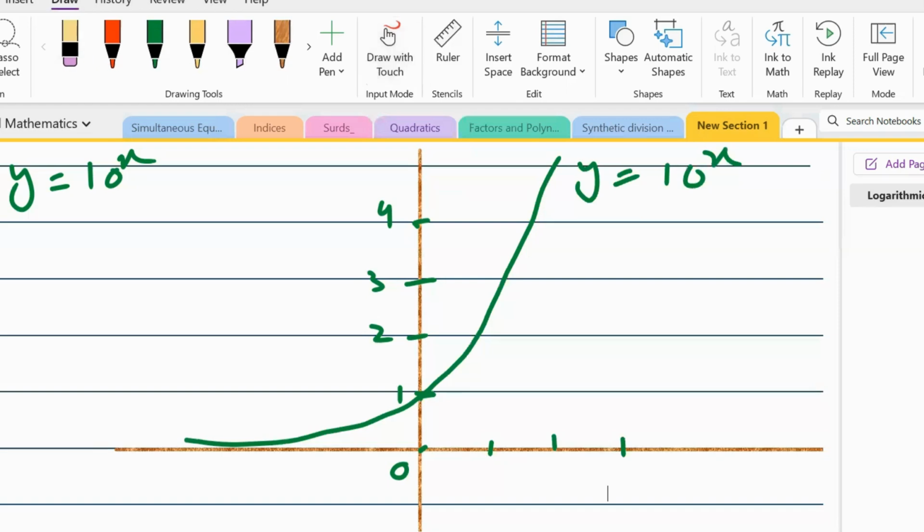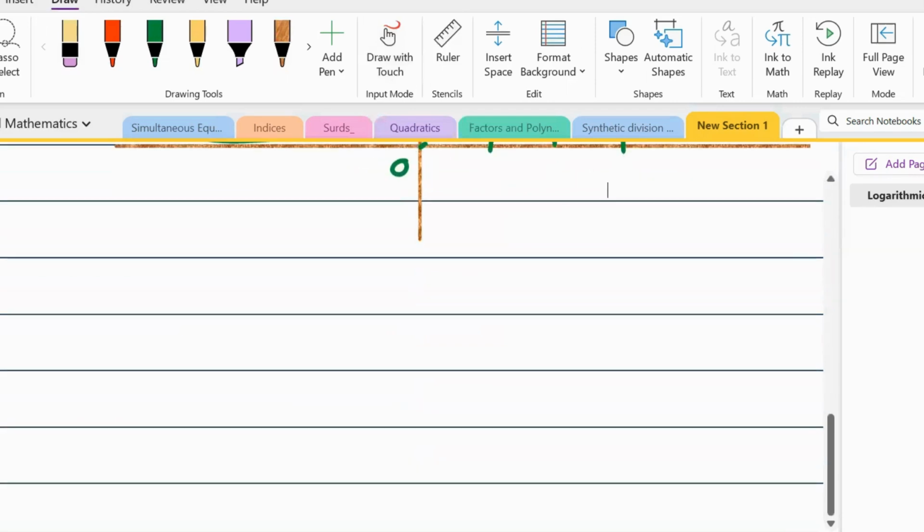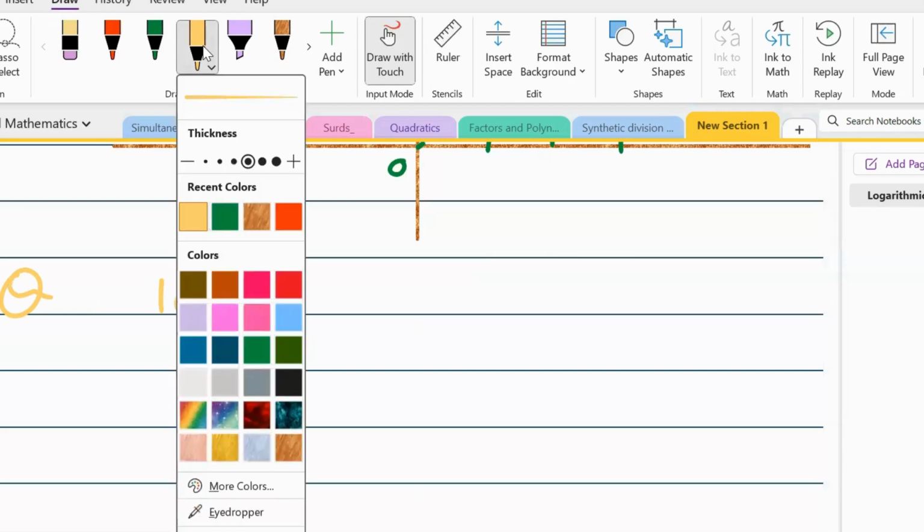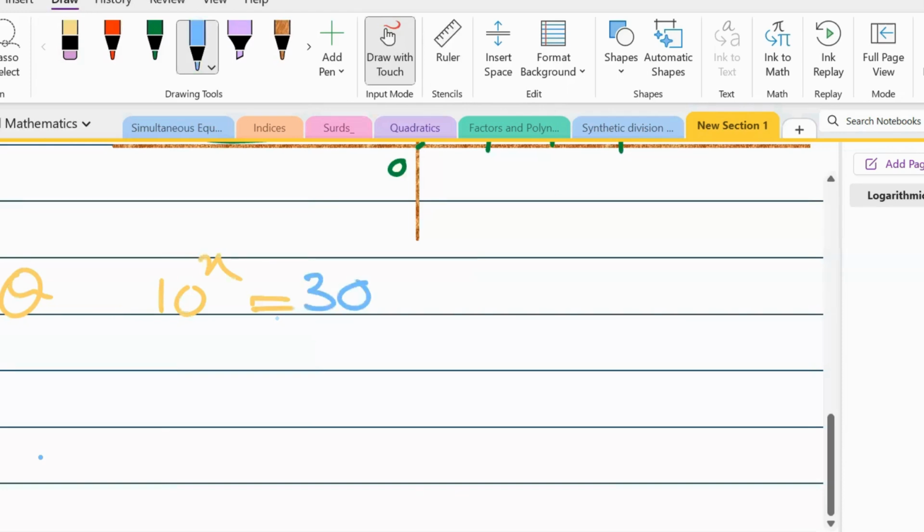And it states that, for example, if 10 raised to the power x is equal to 30, then you can write x is equal to log with base 10 of 30, right?